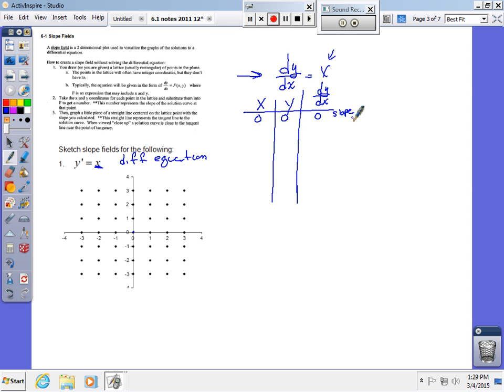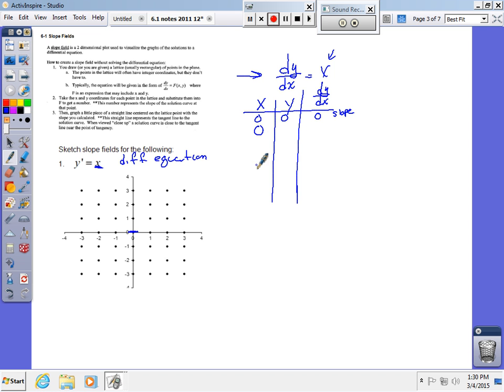For a slope field, the slope is 0, so it's a horizontal line at the point 0, 0, and we put a small dashed line that's horizontal to represent that the slope is equal to 0. As you get better at this, you'll see how you can save yourself some time, because I know for every single value of x that is 0, it doesn't matter what y is, my slope's going to be 0.